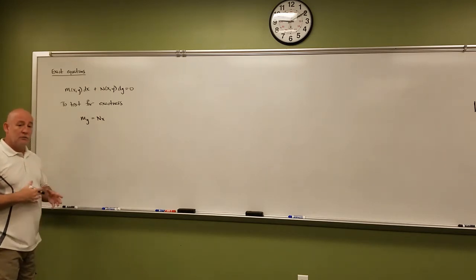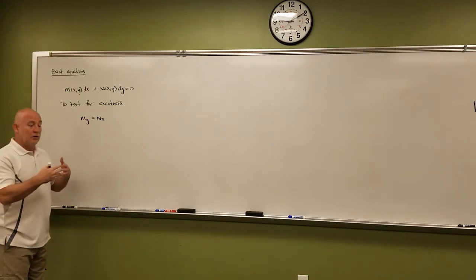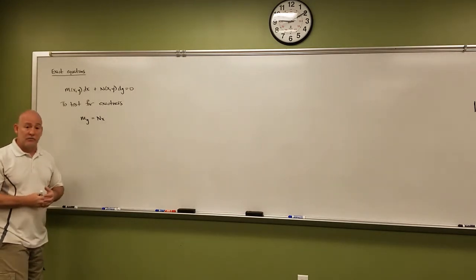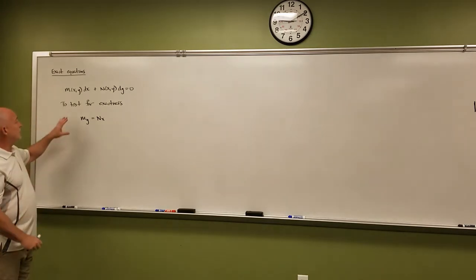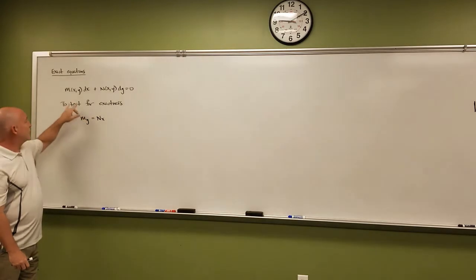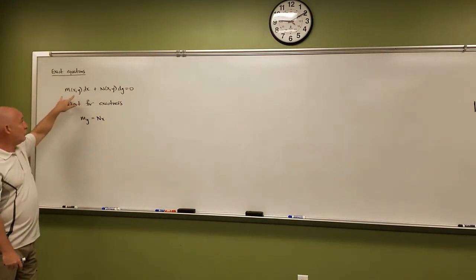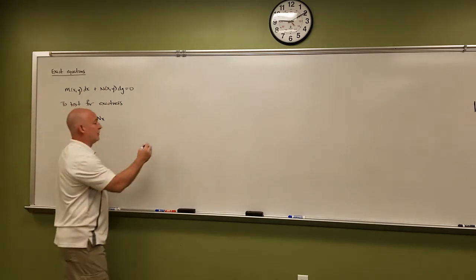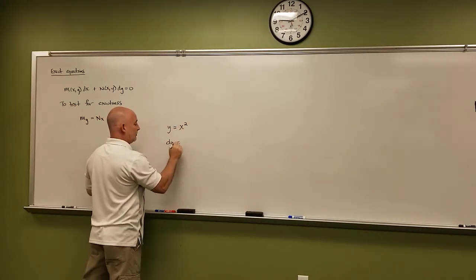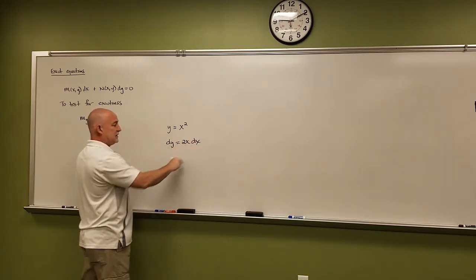Now, for the few of you that may have already had Calc 3, you're going to see some extremely close correlations between this, the gradient, and conservative vector fields. Now, the idea here is if this is true, we can kind of think about it like this. This looks like a derivative in differential form, right? When we take the derivative in differential form, like if I had y is equal to x squared, then in differential form, the derivative is dy equals some function dx.